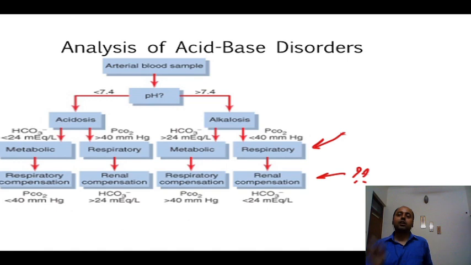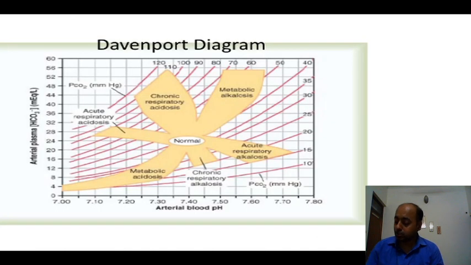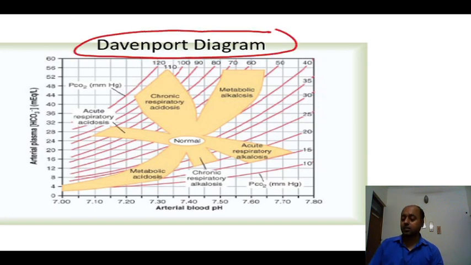There is a very useful tool in the clinical scenario to help you determine the type of acid base disorder. Again, you need the three values that I mentioned, the pH, pCO2 and the bicarbonate values, before you can make use of that tool, and that tool is known as the Davenport diagram. You can see it is a complex chart.